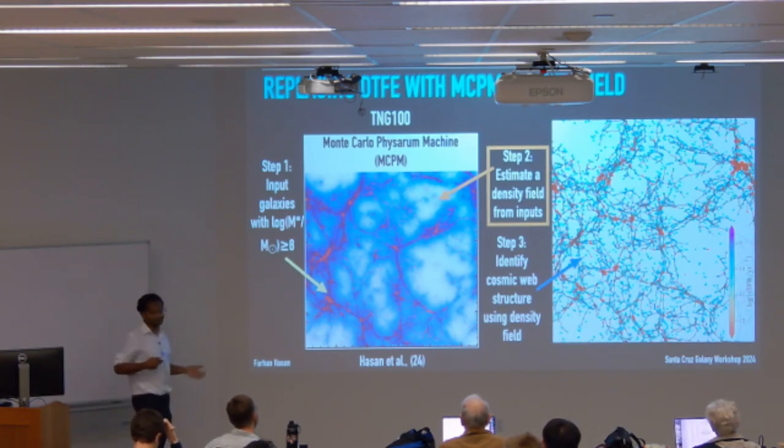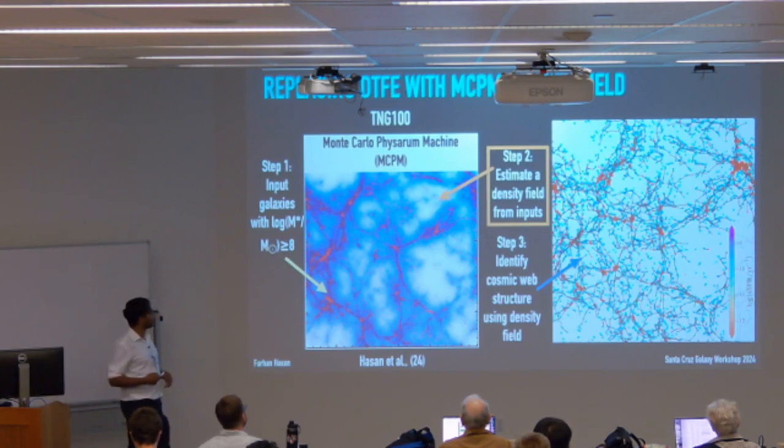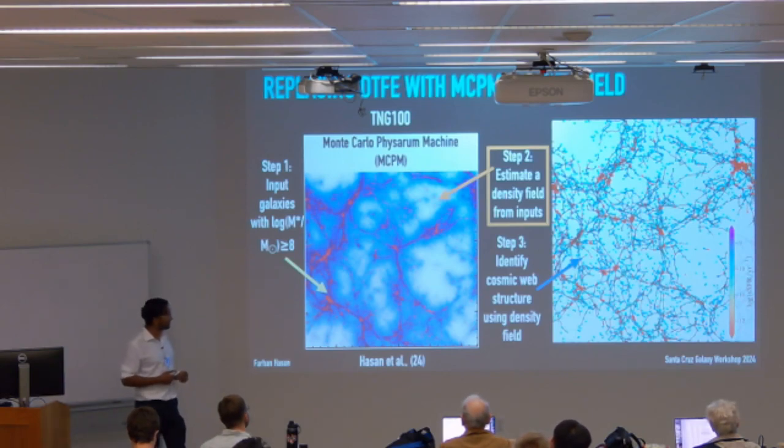And as Joanna already showed, I think you can see the visual resemblance of this density field with the dark matter. It's a lot more continuous. It's not discrete like the DTFE density field. And from that, we use DisPerSE to identify cosmic web filamentary structure.